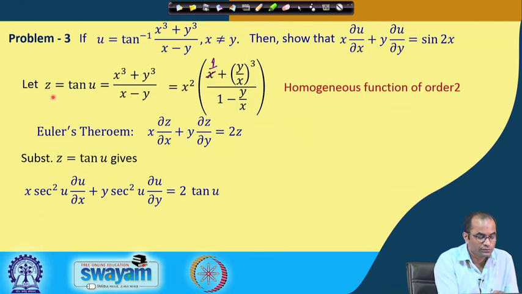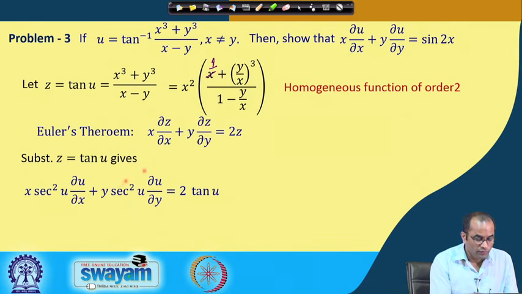We have z equal to tan u, so del z over del x will be sec square u times del u over del x. We take the partial derivative of z with respect to x, but it is given in terms of u, so we get sec square u and then del u over del x.